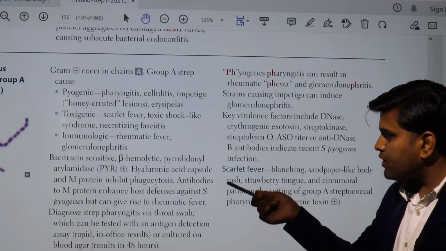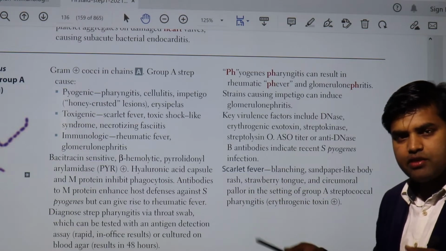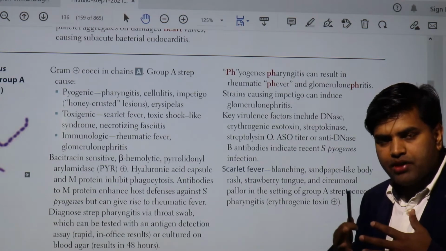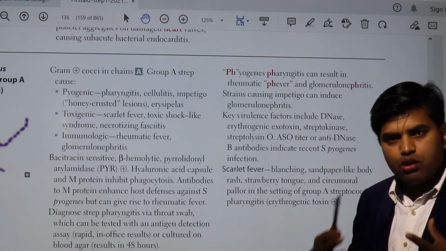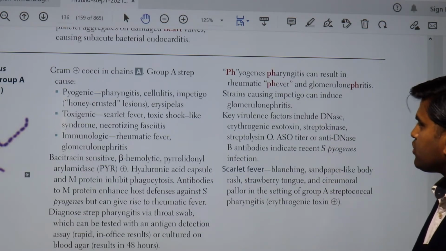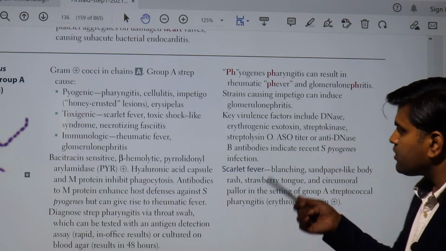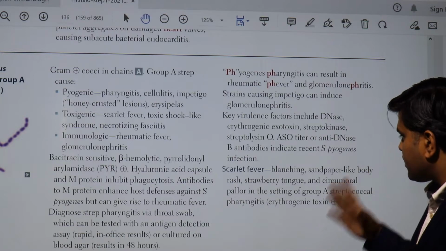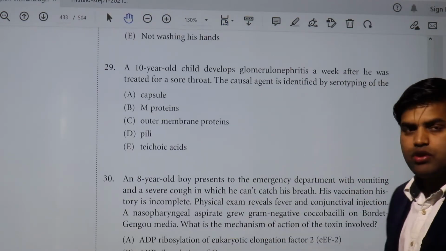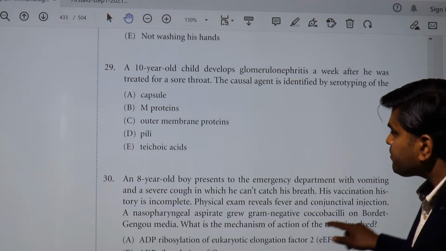The antibody develops against the same protein, but a similar antigen is present in the heart and the kidney, and when the bacteria goes away, the antibody will attack the normal tissue and cause rheumatic heart disease as well as post streptococcal glomerulonephritis. And on the basis of this M protein, it has been serotyped, so you have to understand that.